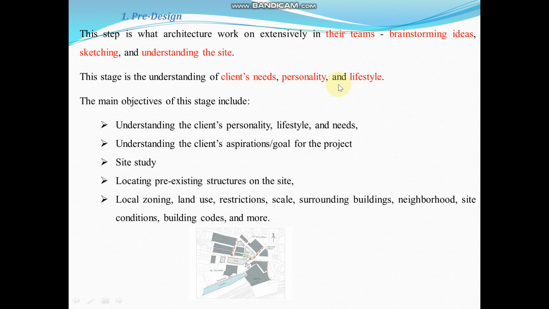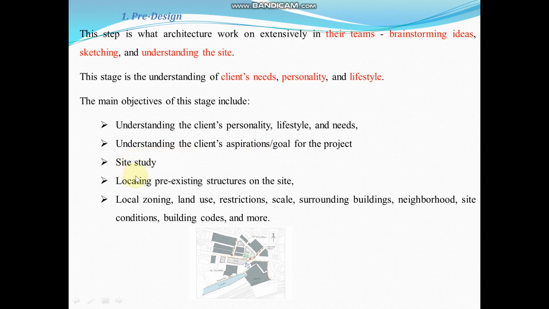Why? Because it is important for the design process. The main objectives of this stage include understanding the client's personality and needs, and understanding the client's aspirations or goals for the project: for what purpose they will use this project after it is constructed.